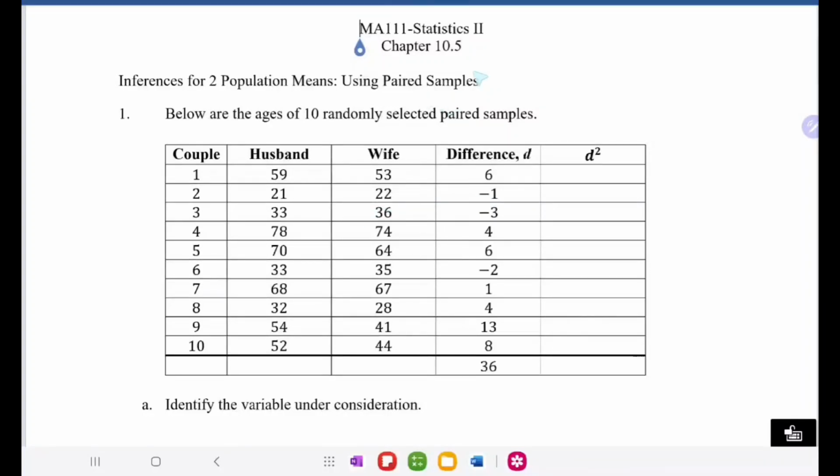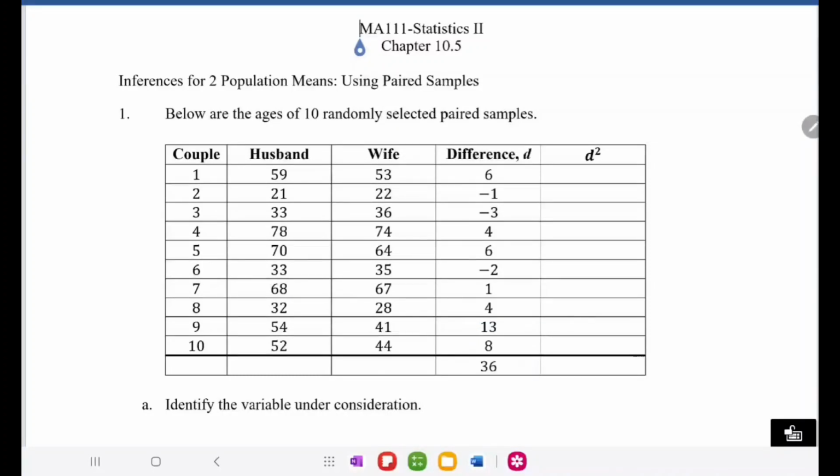Now, 10.5, this particular worksheet is on paired samples. In paired samples, we are trying to compare the difference within each pair, the overall difference within each pair, and therefore the difference has to be taken at individual levels.